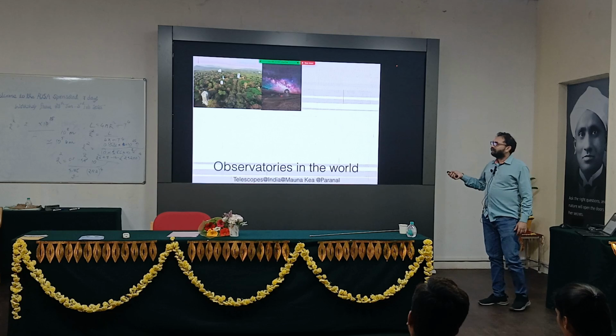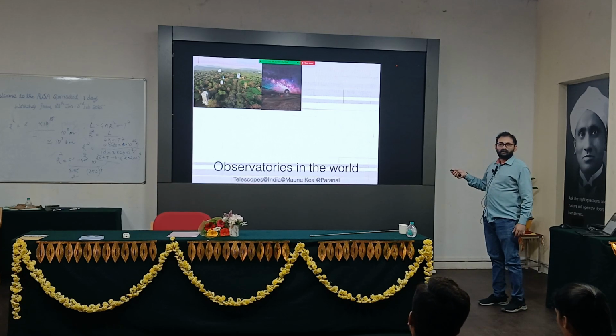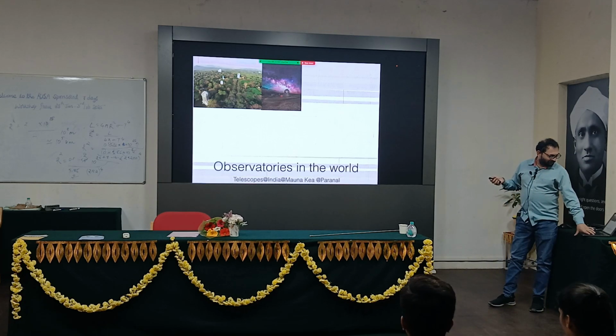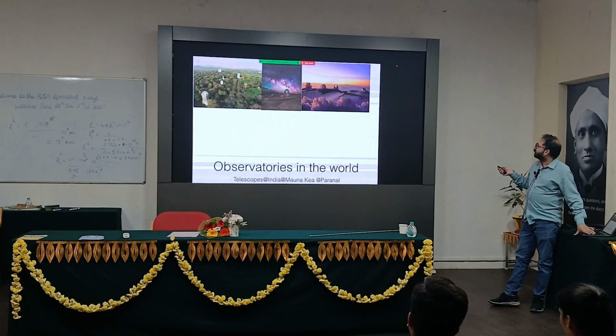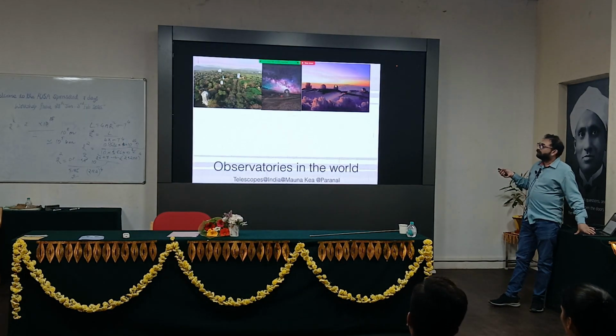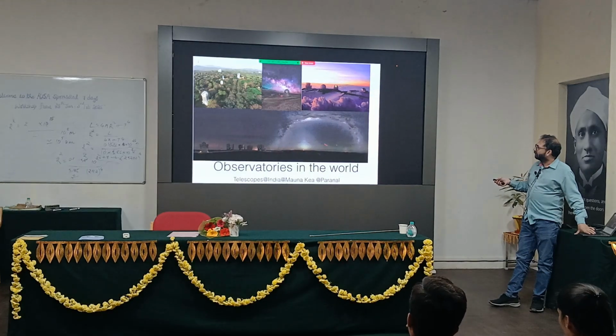I think you have seen that this is our observatory in India, and this is another observatory at Mauna Kea, which is in the northern hemisphere. And this is another observatory in the southern hemisphere.